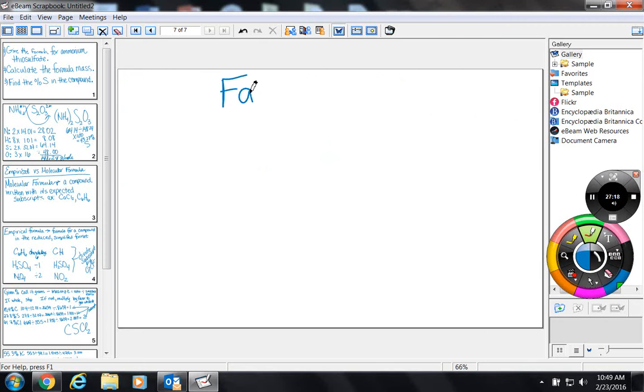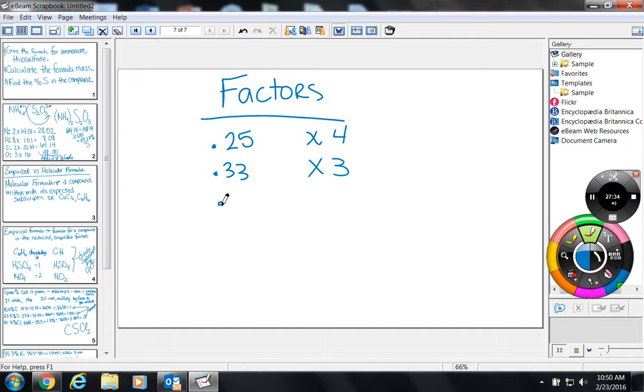If your decimal is 0.25, you multiply everything by 4, because that's a quarter. If your decimal is 0.33, you multiply by 3. If it's 0.5, you multiply everything by 2. If it's 0.2, you multiply everything by 5. That's what I mean by factor.